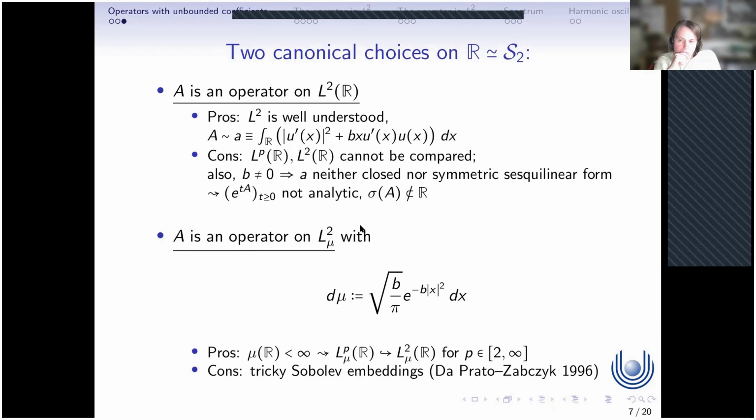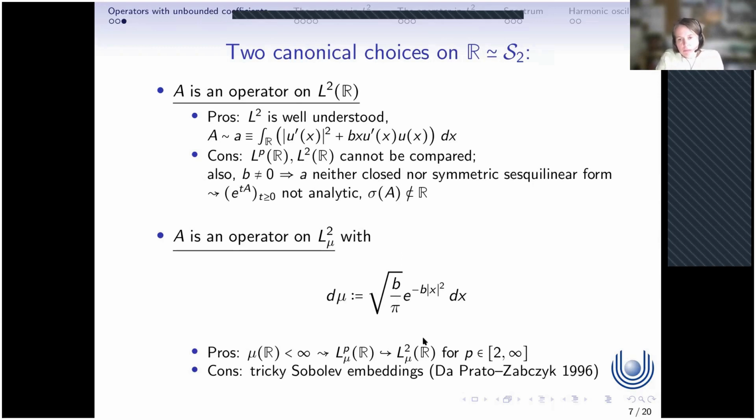So another choice is to change measure, to pass to Gaussian measure, which is this guy here, and study this operator in L2 with respect to this new measure. So the nice thing is that Gaussian measure on R is a finite measure, so we have nice embeddings of LP spaces.